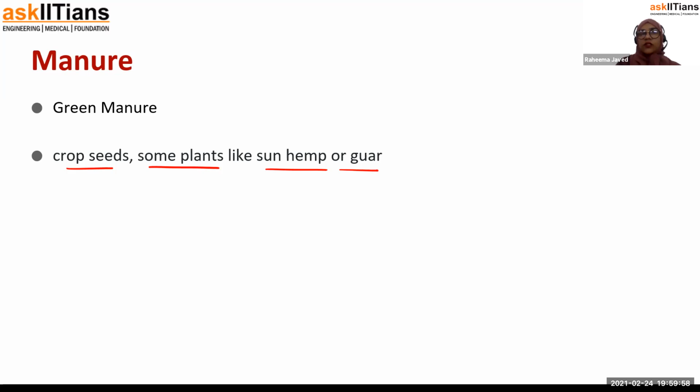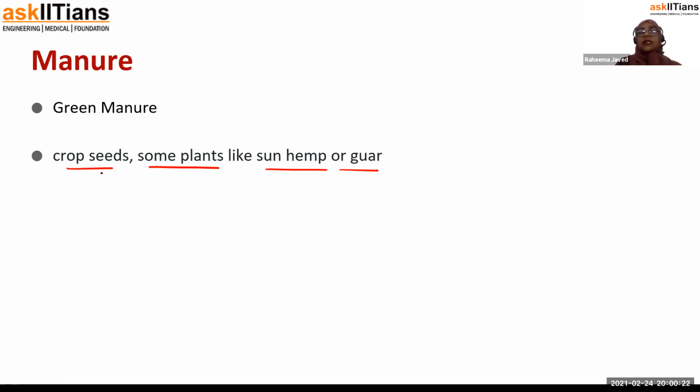So after the decomposition process, this manure will get mixed with the soil, which will improve the soil quality and soil texture. And this process is actually known as green manure, where we are only using green plants, you can say. Okay, so there is nothing like kitchen waste or animal excreta.